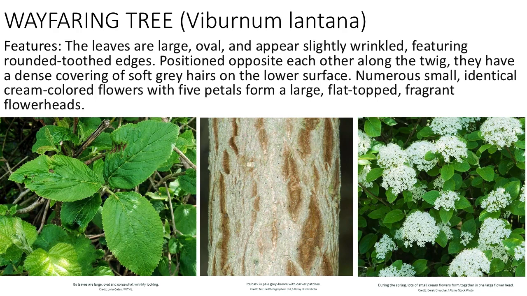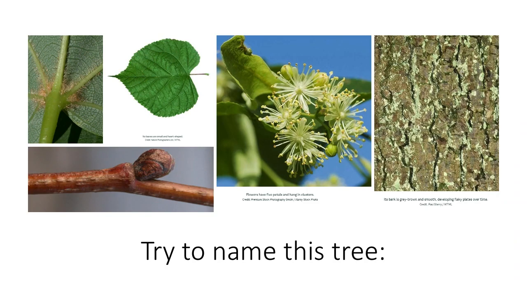Good. Okay, so that's what we wanted to go through, and just as a little recap, I thought we would try to remember which tree it was that we were looking at with these photos. So we've got, from the right, the bark that's grey-brown and smooth but develops these flaky plates over time. We've got flowers that have 5 petals that seem to be greenish white in hanging clusters.